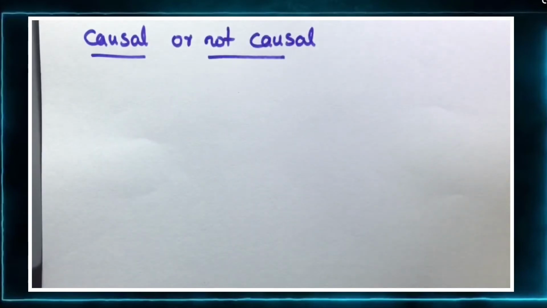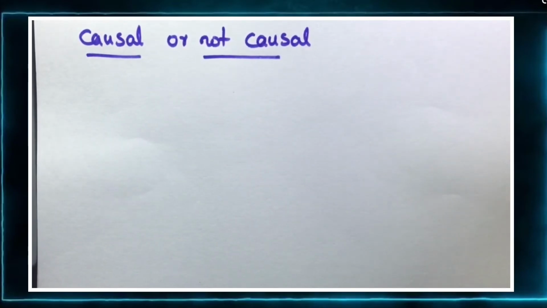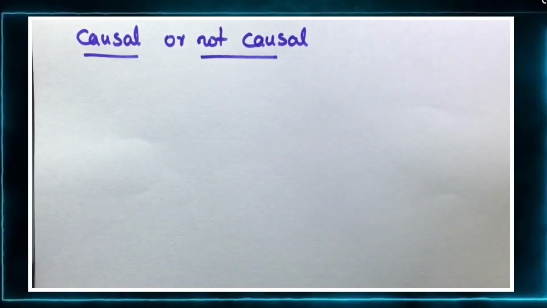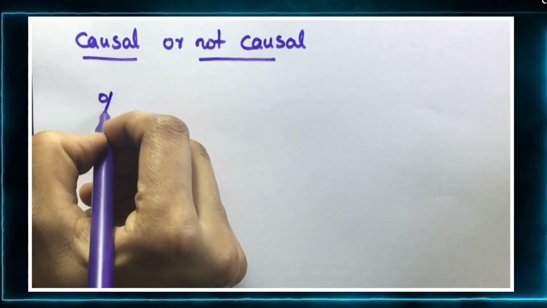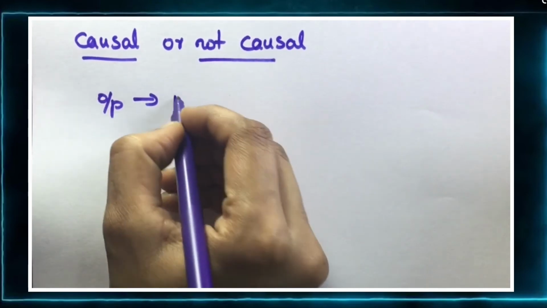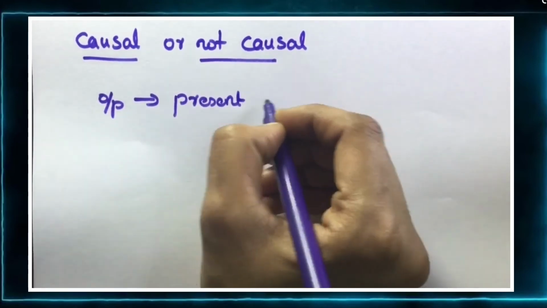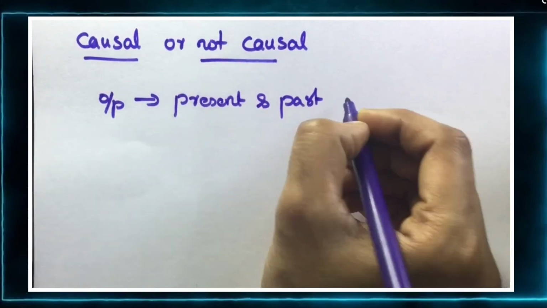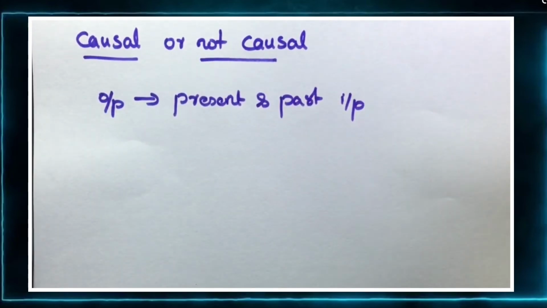So here we are given the impulse response of a linear time invariant system. We have to find out whether that system is causal or not and stable or not. Let us first find out whether it is causal or not. For a causal system, output depends only on present and past values of input, that is, not on future input.